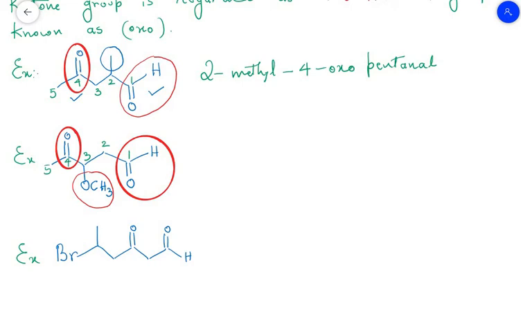So totally there are 5 carbon atoms, but at the third position we are having a methoxy group, and at the fourth position we are having an oxo group. Therefore the name of the compound becomes 3-methoxy-4-oxo-pentanal.